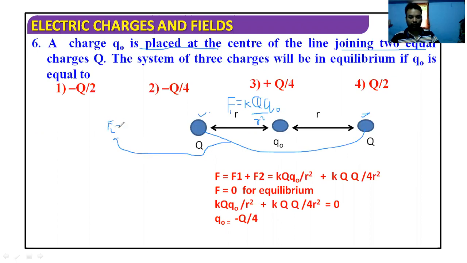So F2 will be equal to K times Q square upon 2R whole square, and this will become 4R square. So this can be written as K Q square upon 4R square.